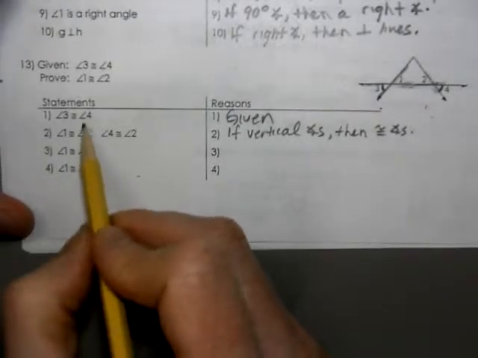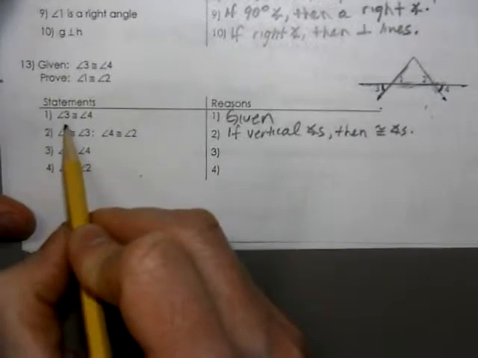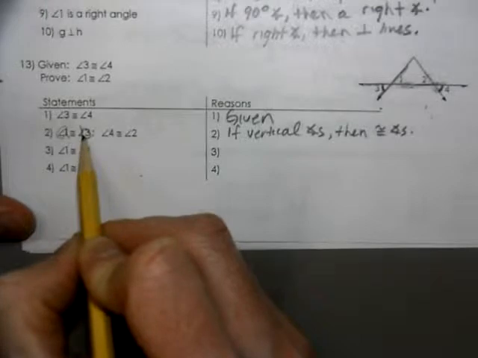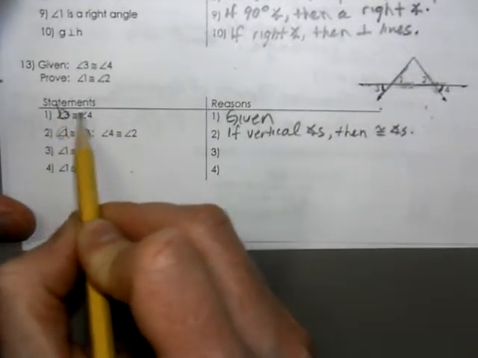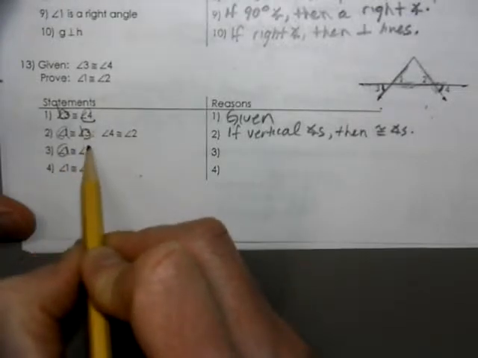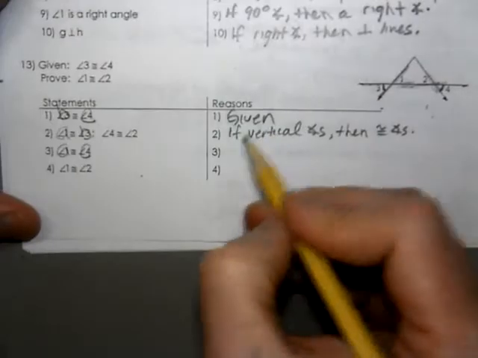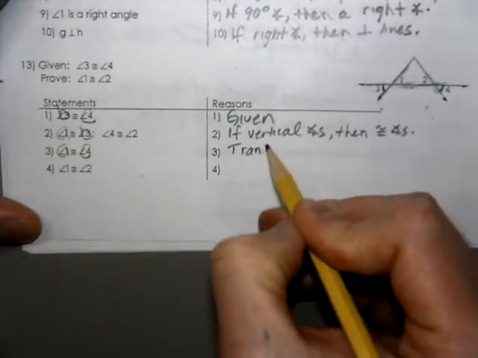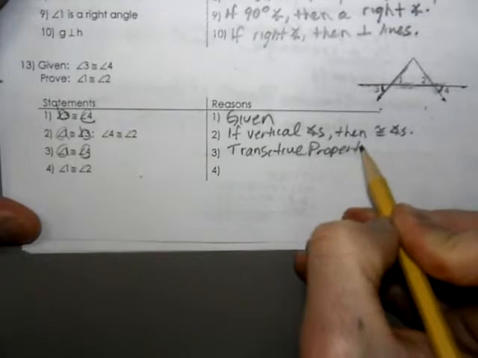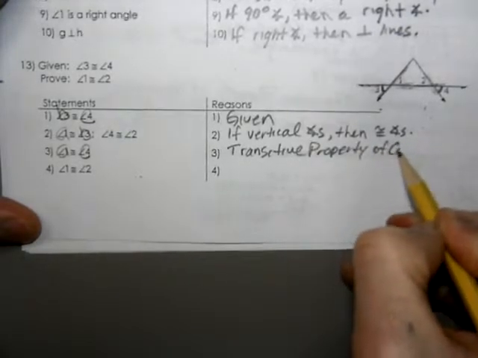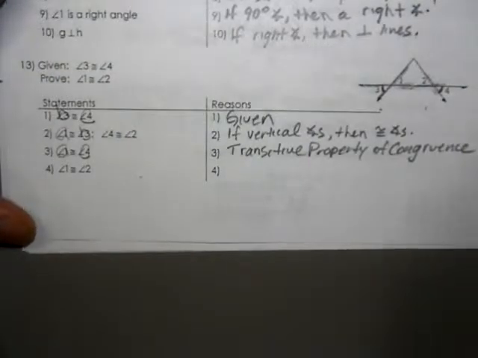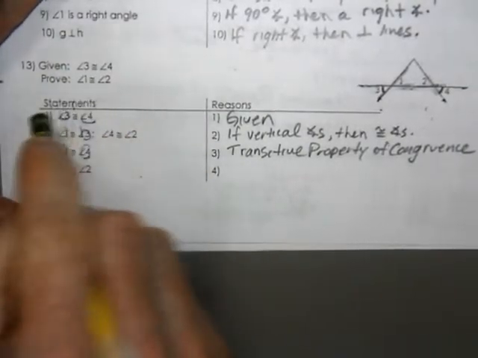A way to recognize that is if A, we can call that A, if A equals B and B equals C, then my A has to equal the C. That's following that transitive property of congruence. And then I can get rid of those markings.